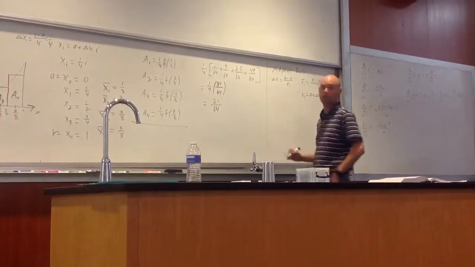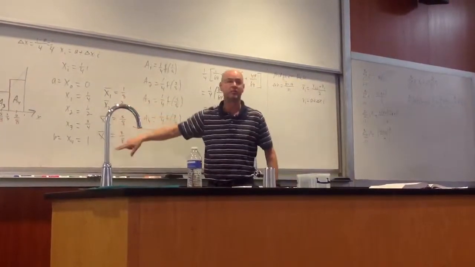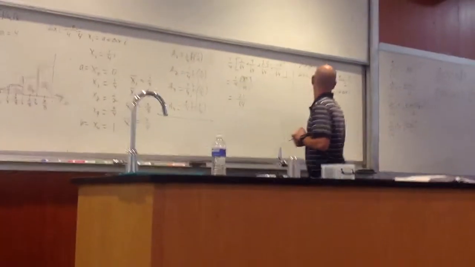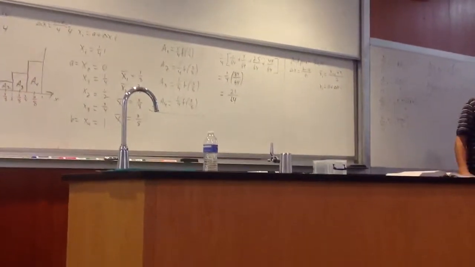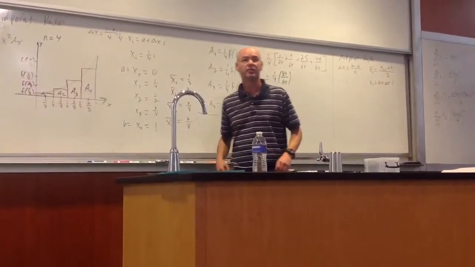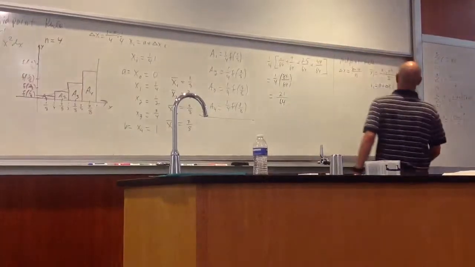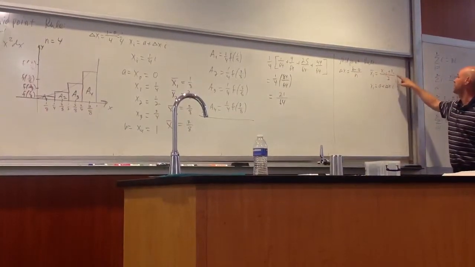What is X sub i bar? That's the average. The average, you add them up and divide by 2, right? Which is what we did. Add them up, divide by 2. X of i minus 1 plus X of i, all divided by 2.